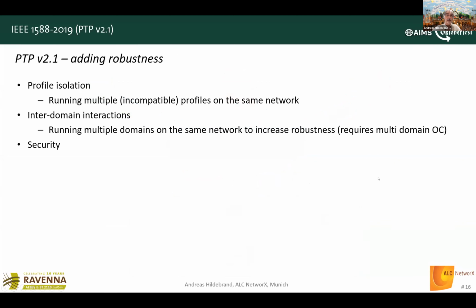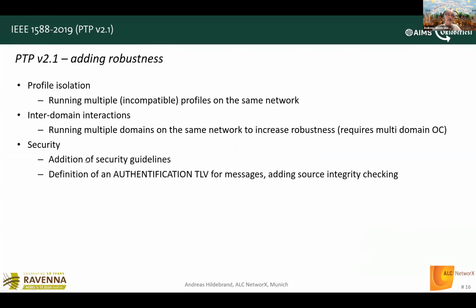Security was a big point in the discussion. Security features have been added. First of all, in the standard, you will find now security guidelines, which have not been part of the version 2 specification.